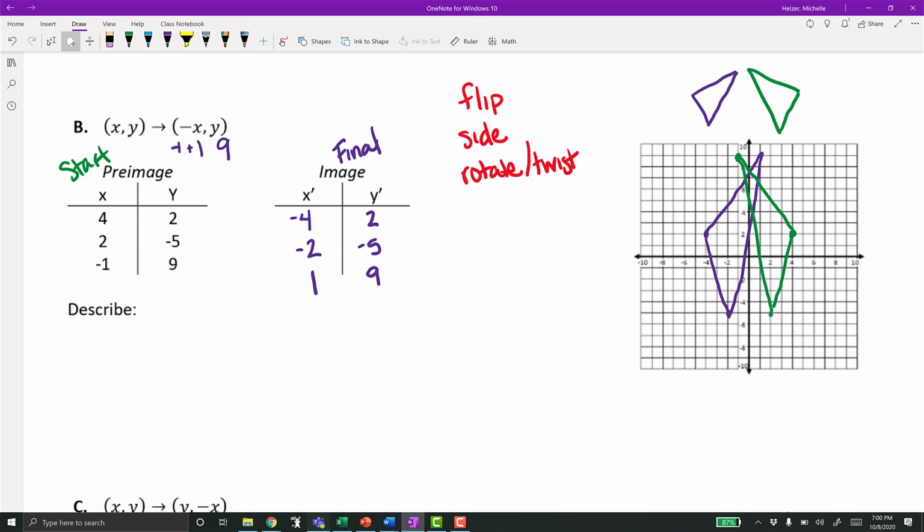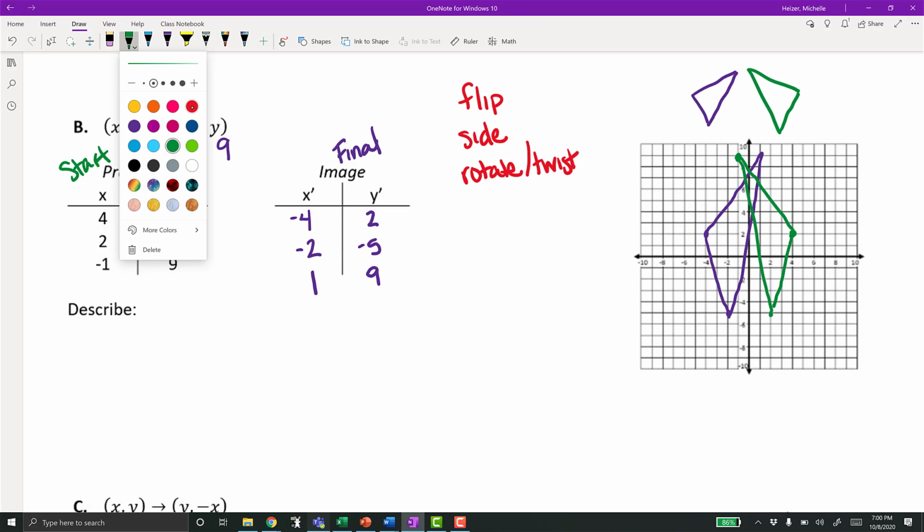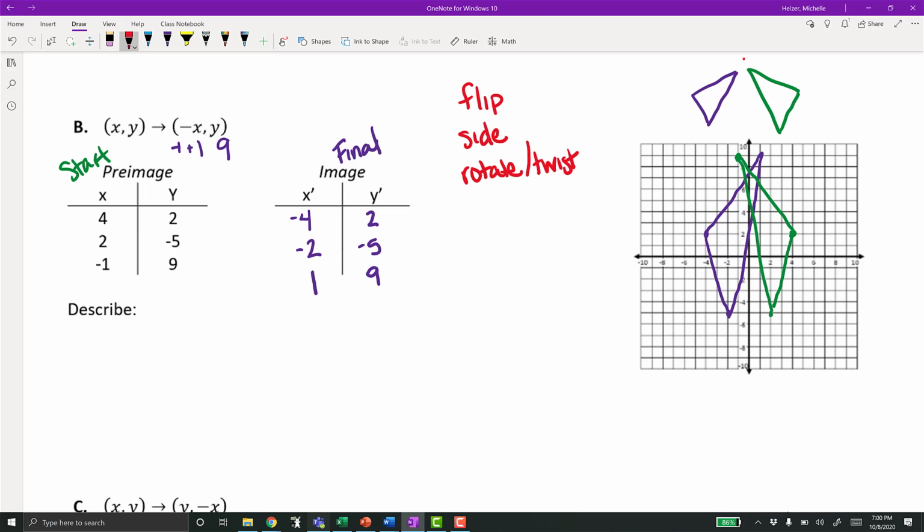So when I do that, are you able to see what happens? So these orientations are different. Notice how the purple triangle is kind of pointing to the left and the green one's pointing towards the right. But they both have our long, thin sides up. So this is what we consider to be like a reflection, because I could put this line right between them, and then the purple and the green would be a reflection, like as if you were looking into a mirror.